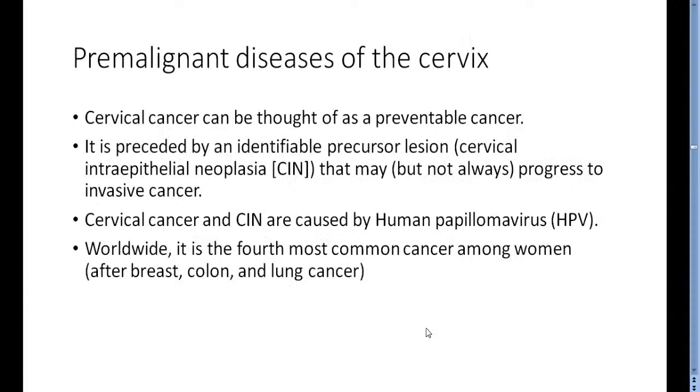Let's touch on the uterine cervix. It's a very common problem; you can go to the internet and Google it, and you see how much information there is about premalignant and even cancer disease of the cervix. It's a very common site of cancer. Usually, the real cancer is preceded by precursor lesions, cervical intraepithelial neoplasia, CIN, that may or may not progress to invasive cancer.